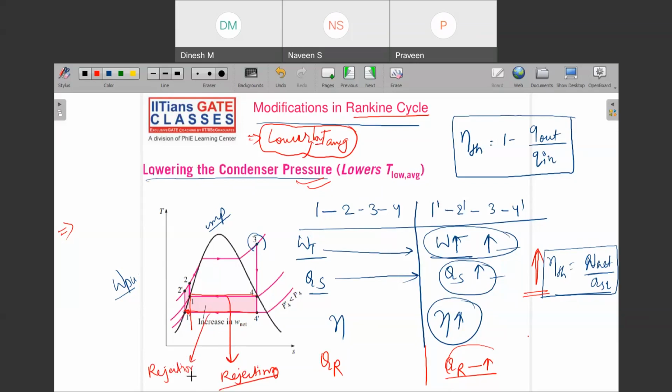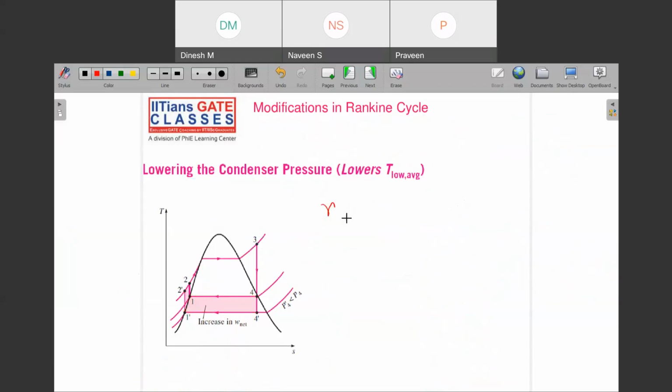So the average temperature at which heat is rejected, if you are able to decrease or lower this, T low, then your efficiency will increase, and we have seen that our efficiency increased. So this is one.